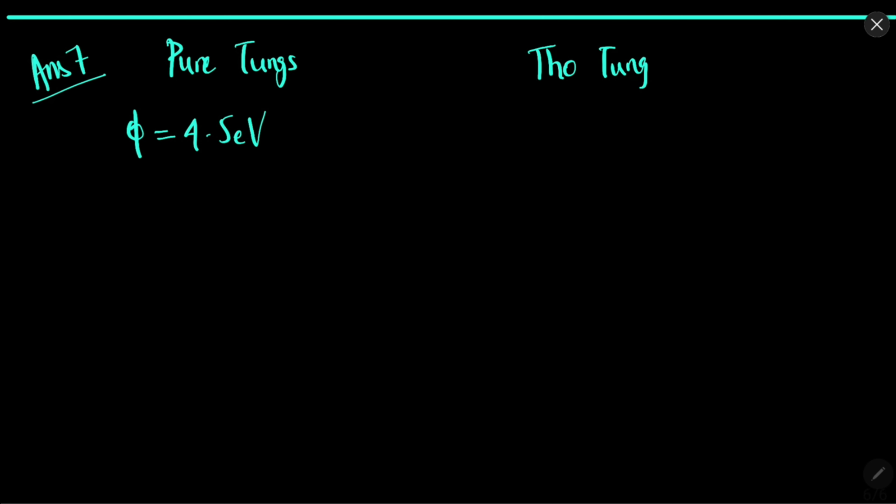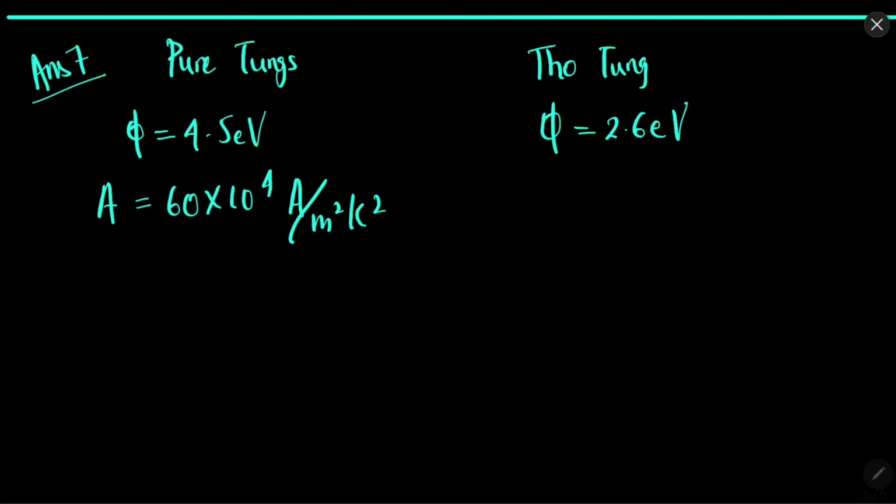So what do we have? Pure tungsten: phi is 4.5 eV, A is 60 into 10 to the power 4 ampere per meter square per Kelvin square.